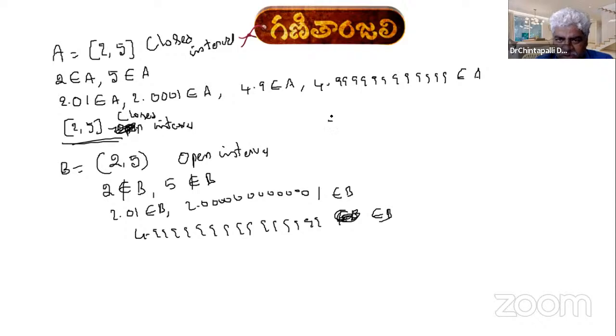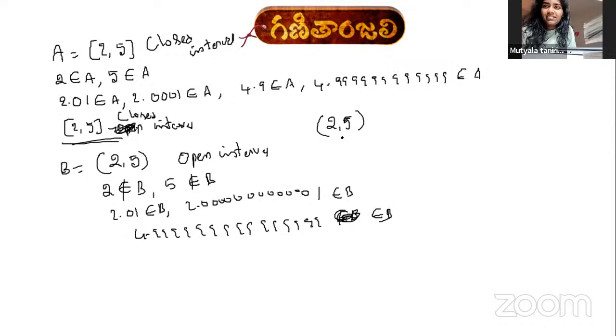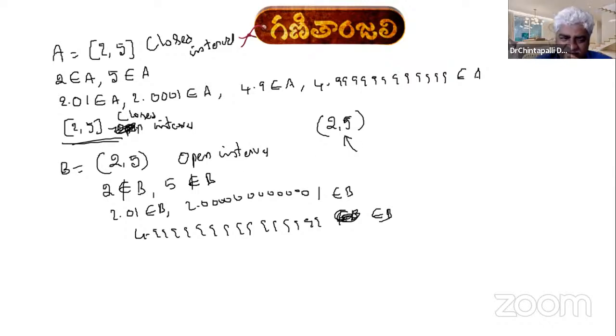if we take 2, 5, can you say what is its endpoint? What is the endpoint of this interval? That means what is the highest number in this interval? 5. But 5 doesn't belong to the set. 5 is not there in this set.